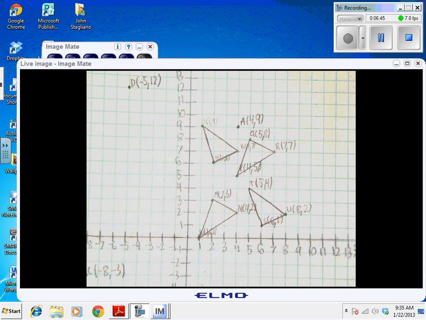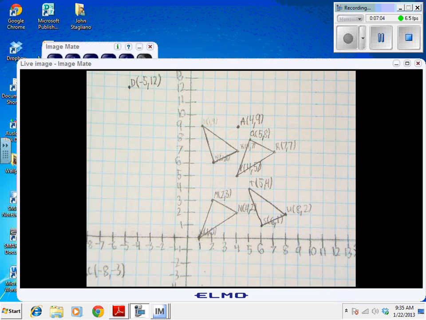This is page 448, number 11, A, B, C, and D. Okay? This is letter A, I believe. Which was letter B? B is right here? Yes.